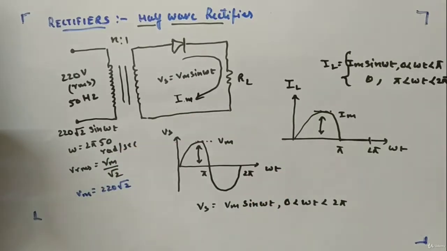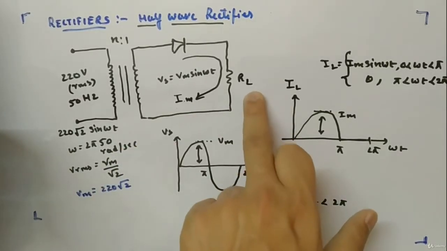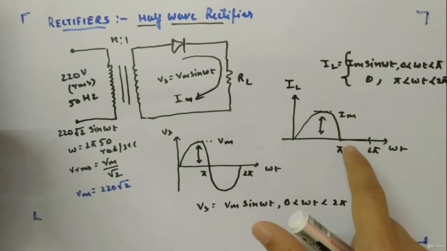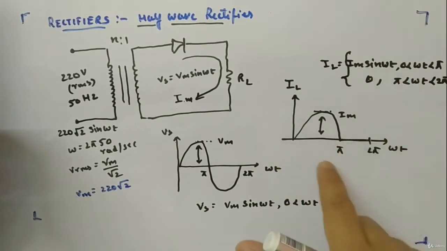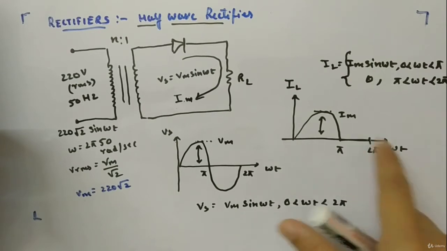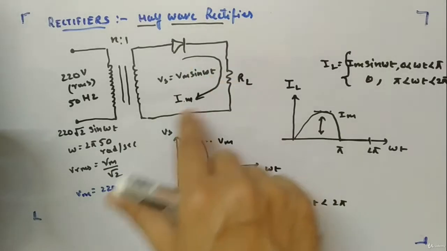The curve will also be a sinusoidal current. I am writing IL because it is flowing through the load resistance, which will look like this: Im sin omega t between 0 to pi, and 0 for pi to 2 pi. This is IL versus omega t, whose maximum value Im is the current flowing.